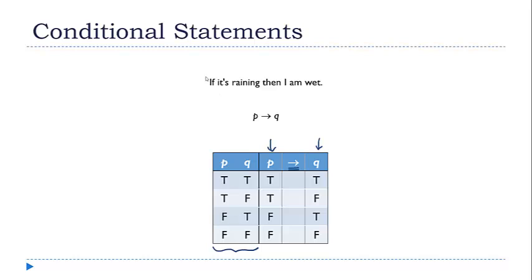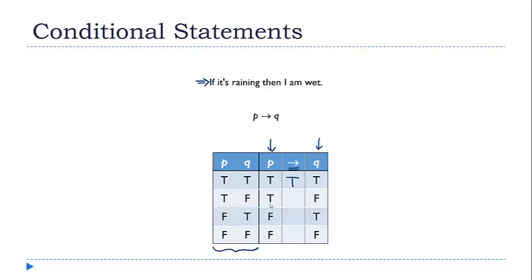So to do this, I've put an English example up here for us to work with. If it's raining, then I'm wet. And what this is saying is, if you look outside and it's raining, then you can be absolutely certain that I'm wet. So if both of these statements are true, then the original statement is true.